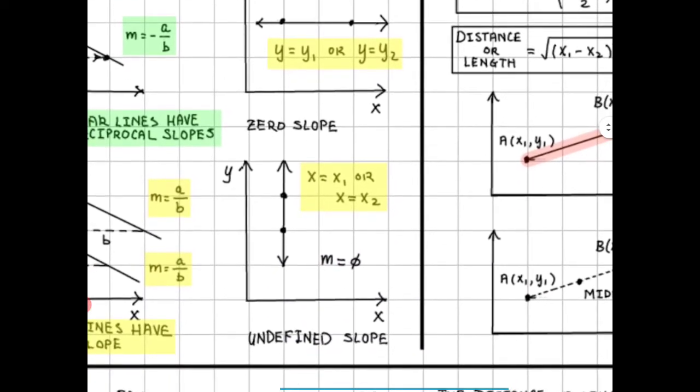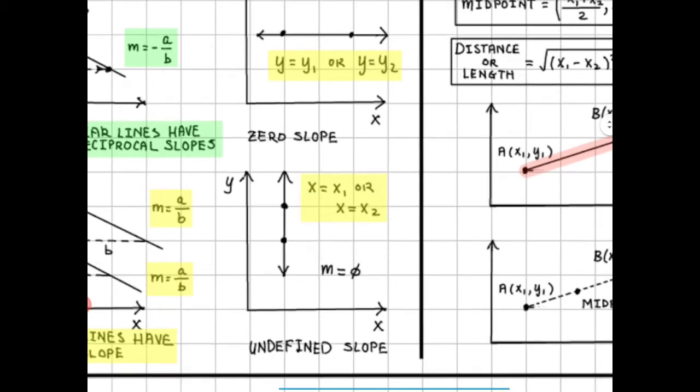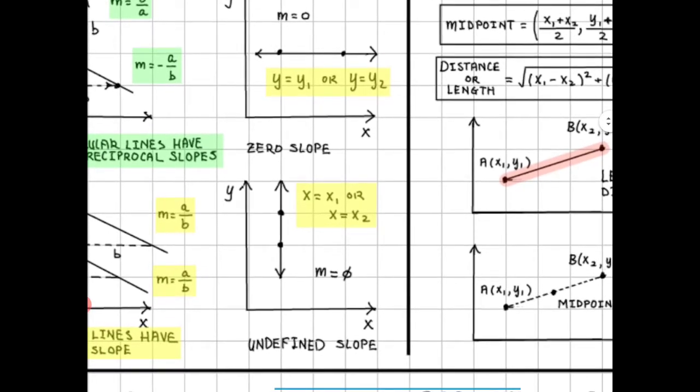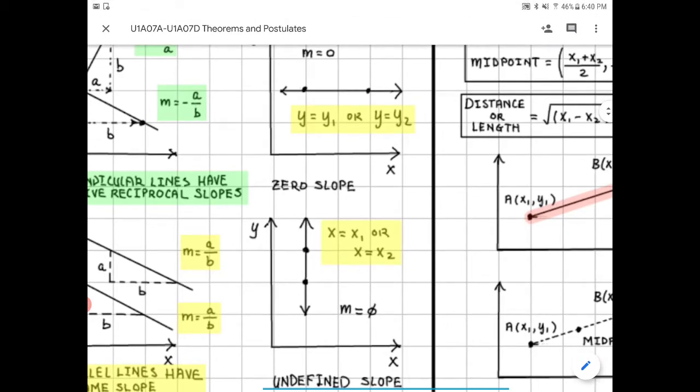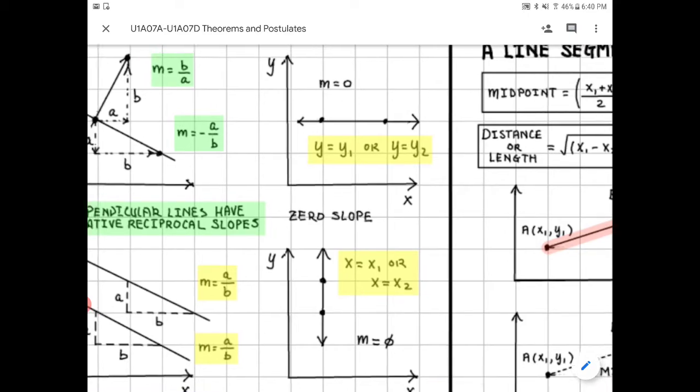If 2 points are positioned one on top of one another vertically, where they have the same x-coordinates, this is described as a line with no slope, or undefined slope. These 2 concepts are really important when talking about the slope of a line that's horizontal versus the slope of a line that's undefined.